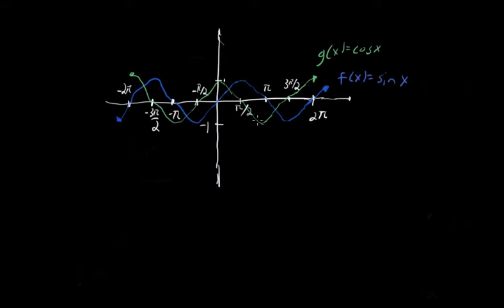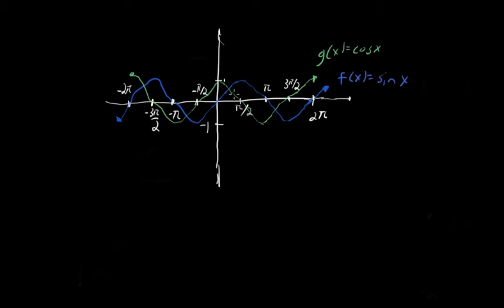Cosine of x is just going to repeat in this fashion. This is one period of cosine of x. This is another period, and pretty much every other period as you go on. As x tends to positive and negative infinity, it's going to look identical to this period and this period. So cosine of x is continuous for all real values of x.